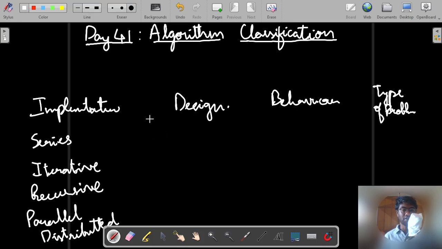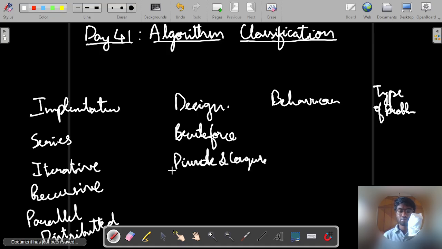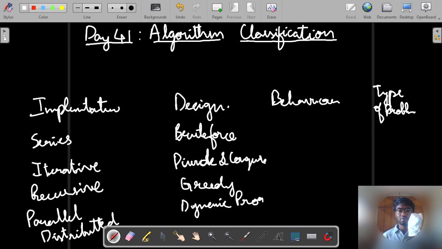Just to solve a problem, we can have a direct solution. Brute force, divide and conquer, greedy, dynamic programming, and backtracking, right?